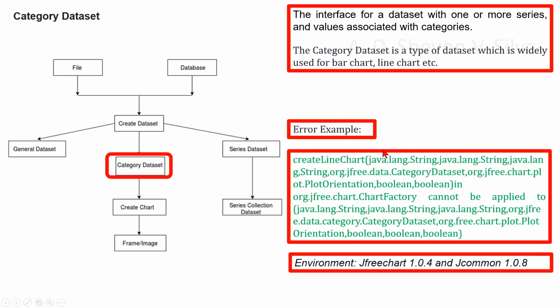As an error example, we can consider this one occurred in the environment with JFreeChart 1.0.4 and JCommon 1.0.8: createLineChart(String, CategoryDataset, boolean) in ChartFactory cannot be applied to (String, CategoryDataset, PlotOrientation, boolean).